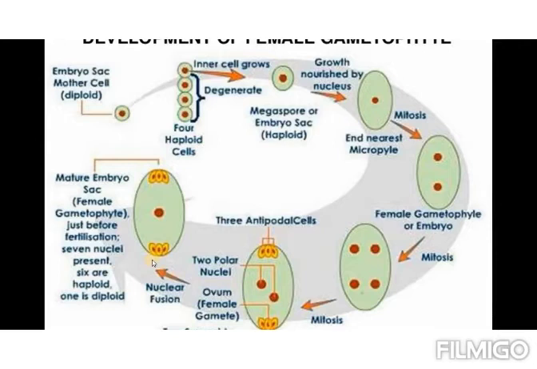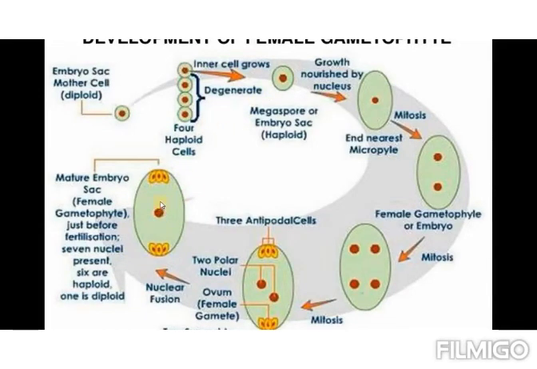This female gametophyte is monosporic. This is called monosporic female gametophyte because it is developed from a single megaspore. So it is called monosporic.